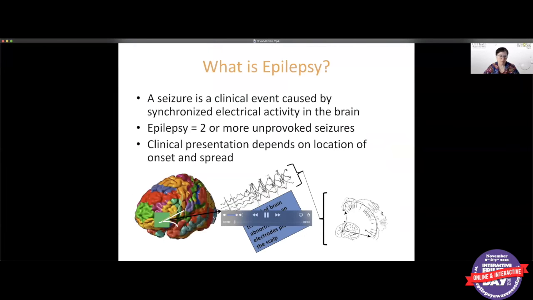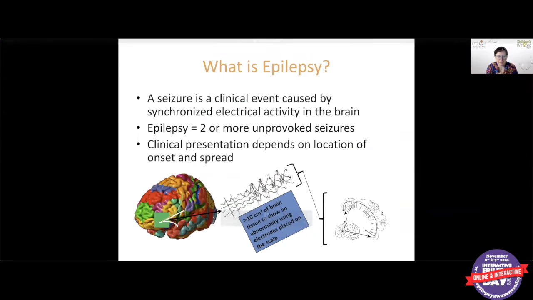So first of all, what is epilepsy? Really, epilepsy is a word that just means that a patient has had 2 or more unprovoked seizures. And a seizure is defined as a clinical event that's caused by a synchronized electrical activity in the brain. And so really all epilepsy means is that a person is prone to have seizures because of this abnormal electrical activity in the brain.